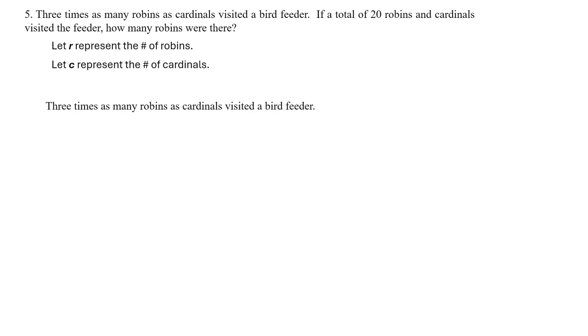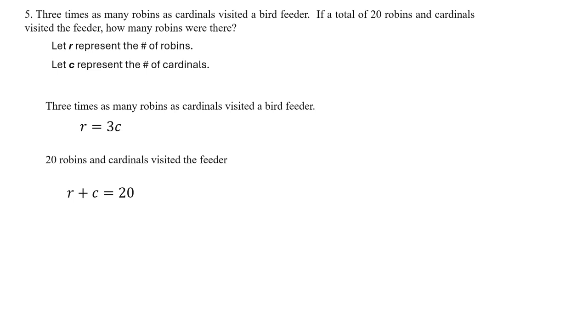We're told that 3 times as many robins as cardinals visited a bird feeder. This can be modeled with the equation R equals 3C. 20 robins and cardinals visited the feeder, so 20 birds altogether. So we could say R plus C equals 20.